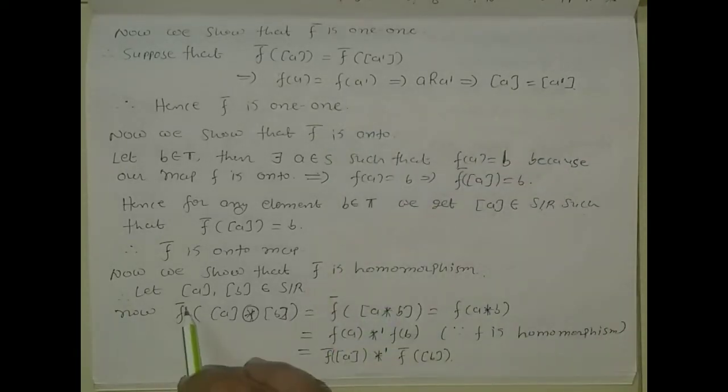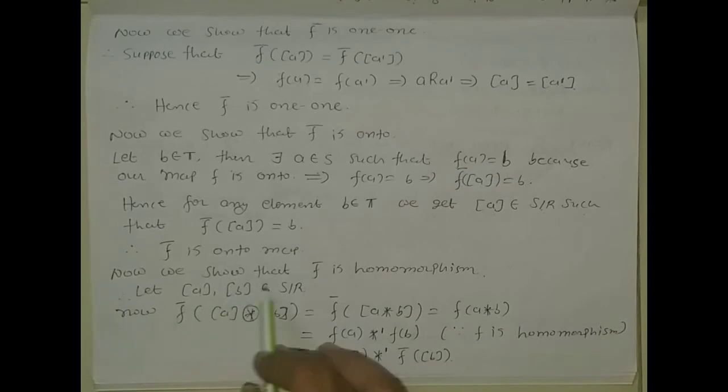So consider two equivalence classes of A and B belonging to S quotient R. Now here we consider the binary operation for the quotient semigroup.